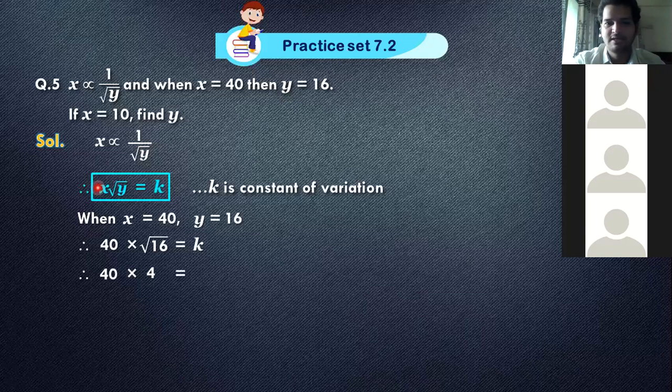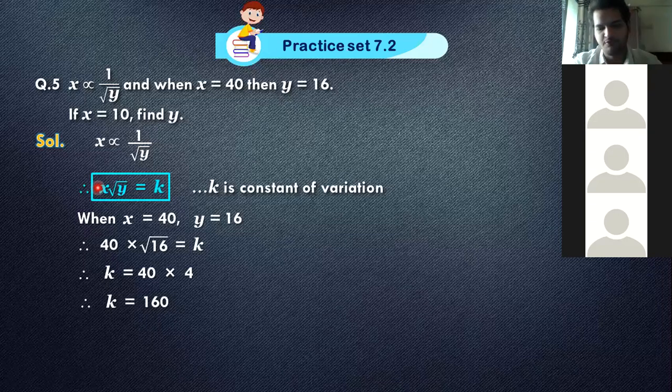Now, let us multiply 40 into 4. You can do that also, or you can keep k equals 40 into 4 as it is also. Both the ways will do. So k will be 160. How we got 160? By multiplying 40 and 4. Now, once we get the value of k, we will derive the equation of variation.